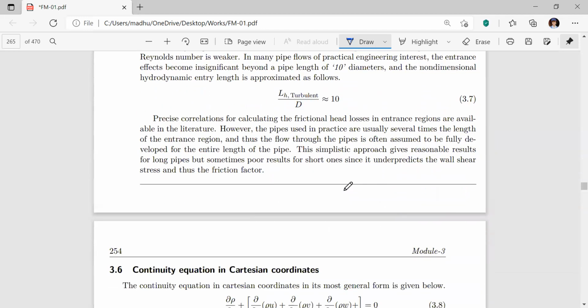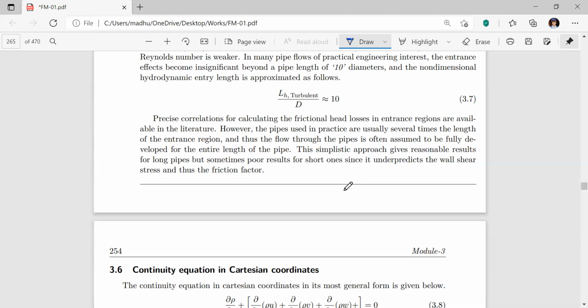Now, precise correlations for calculating the frictional losses in the entrance region are available in the literature. However, the pipes used in practice are usually several times the length of the entrance region, and thus the flow through the pipes is often assumed to be fully developed for the entire length of the pipe. We generally use long pipes, therefore we neglect the hydrodynamic entry length, and we consider the pipe as a fully developed pipe region.